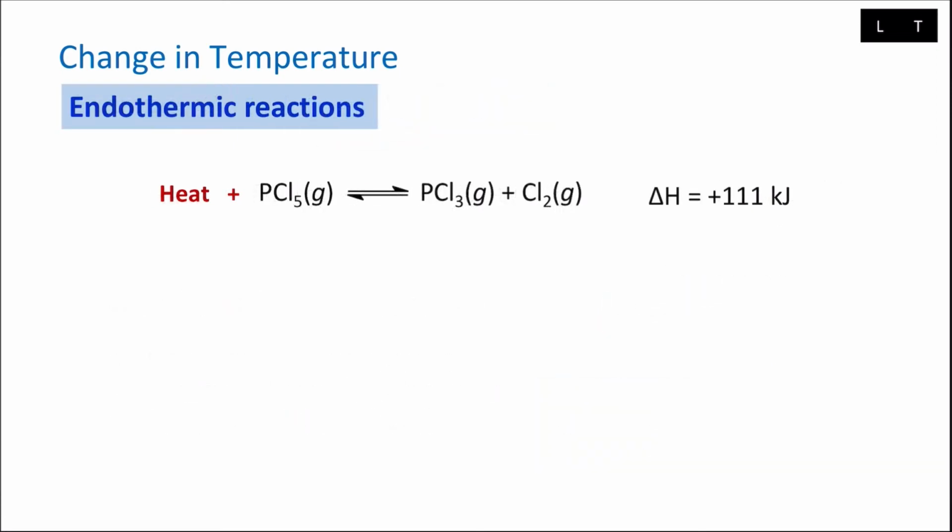So sedikit summary yang kita boleh faham dekat sini. Untuk endothermic reaction, forward reaction adalah endo, tapi reverse reaction adalah exo. Dan macam mana awak nak tentukan direction of shifting? Sekiranya awak tambah temperature, dia akan prefer endothermic. Sekiranya awak decrease the temperature, dia akan prefer exothermic.